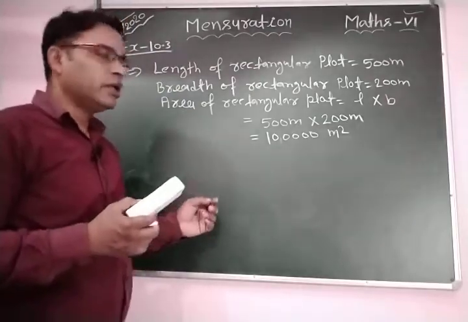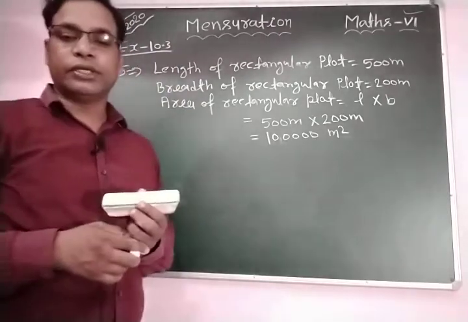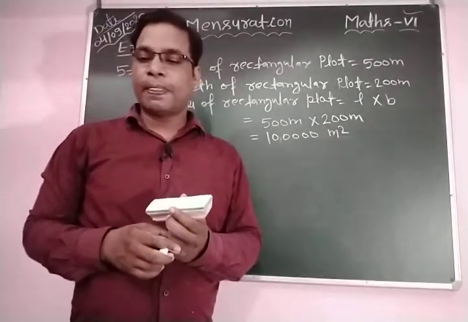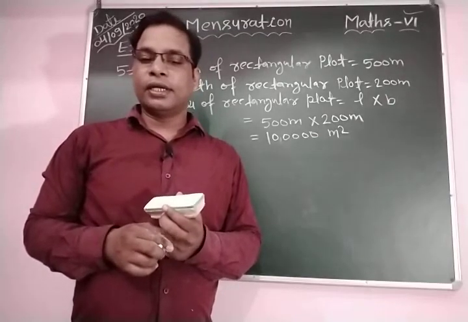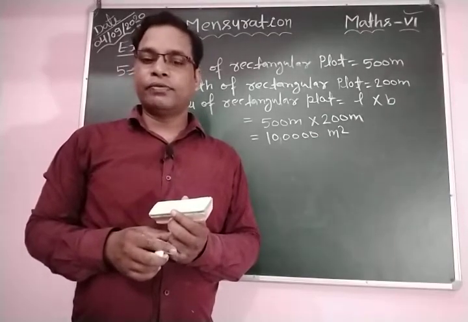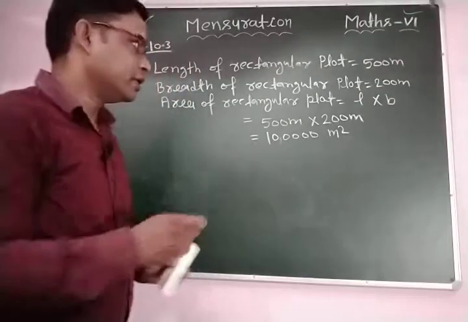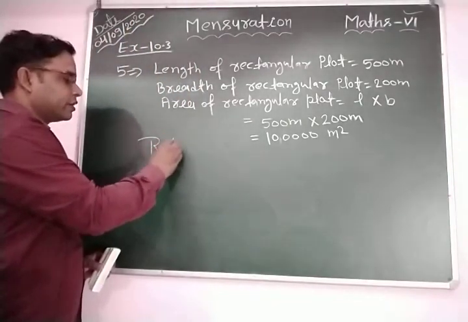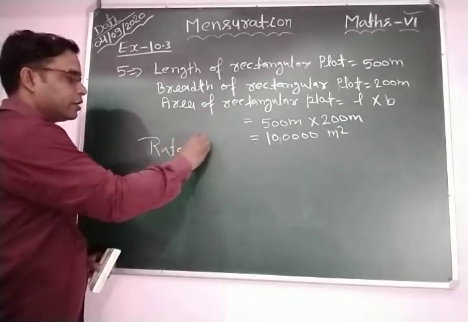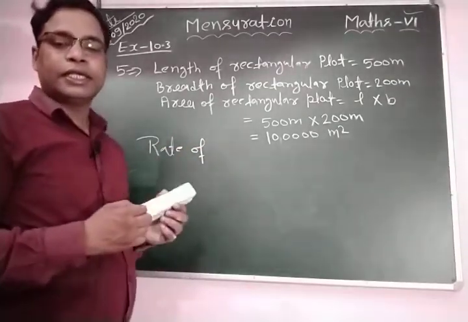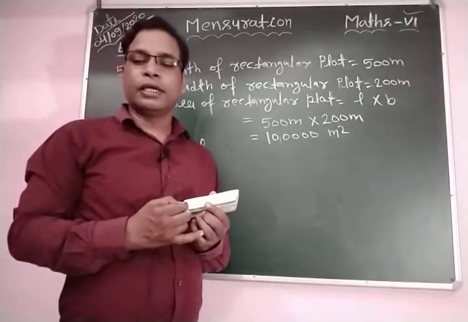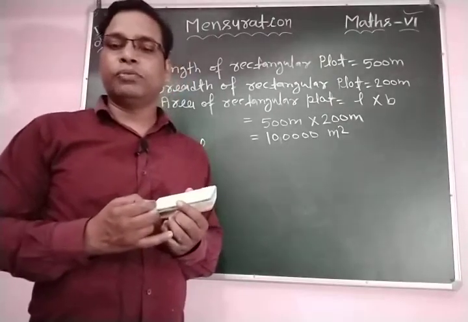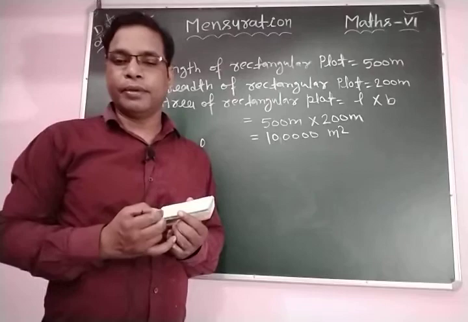Okay. Now the rate of tiling is given in this question, 8 rupees per 100 meter square.